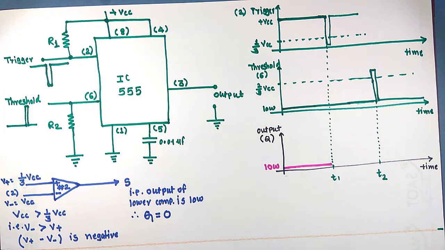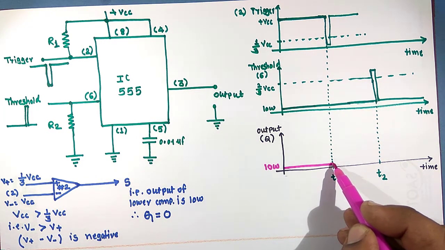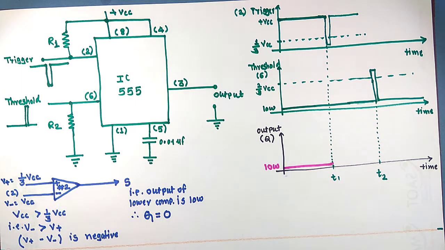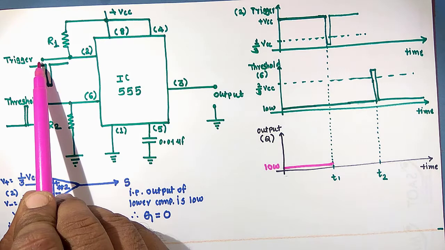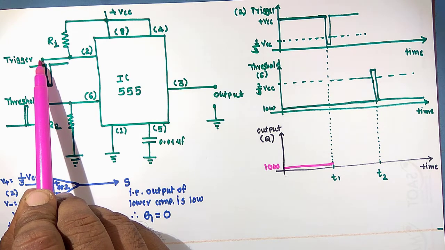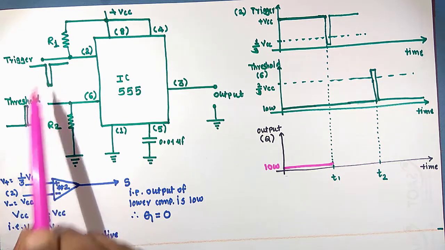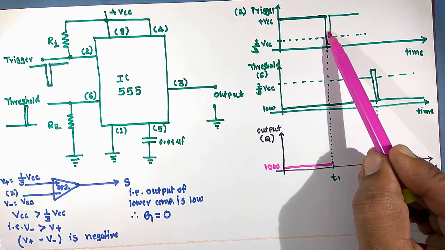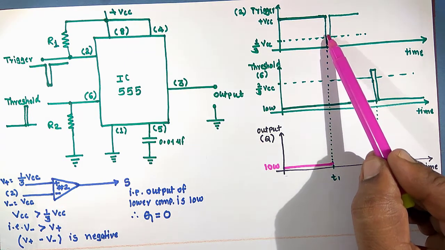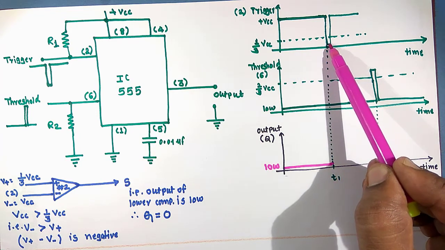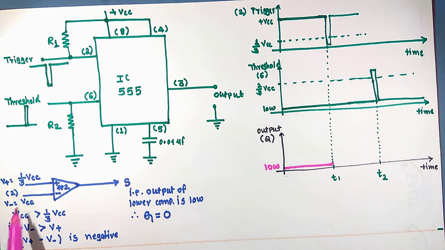Now let us see what happens when the triggering input signal is present. When the triggering signal is applied at the triggering input of the bistable multivibrator in this way, that is, when the voltage present at pin number 2 becomes slightly less than 1/3 VCC, then the voltage at the inverting input of the lower comparator becomes slightly less than 1/3 VCC.